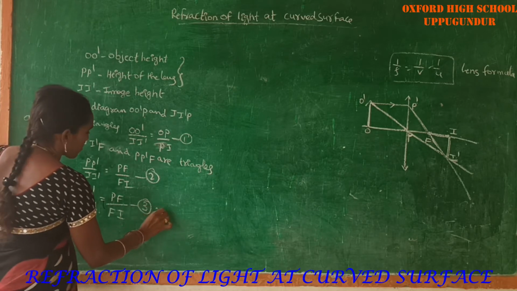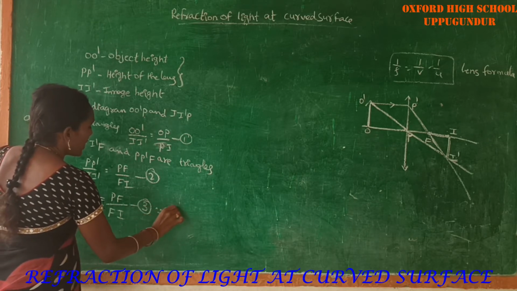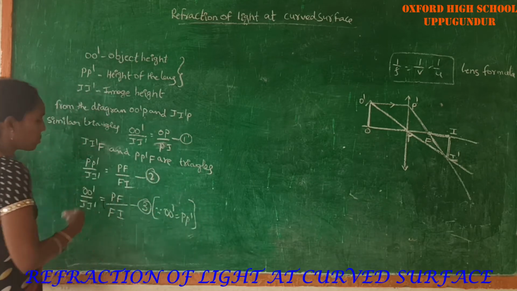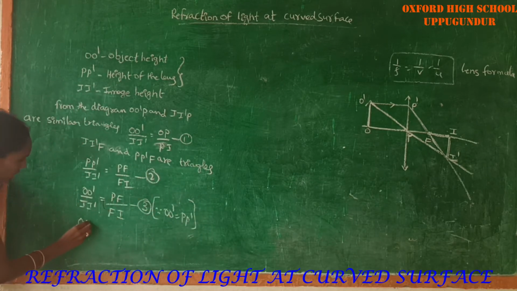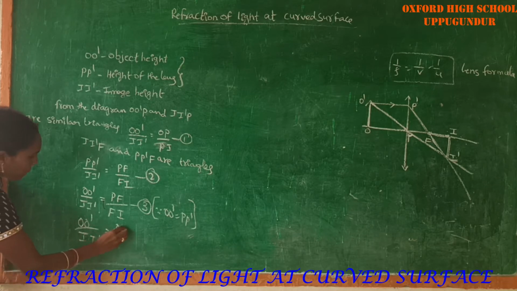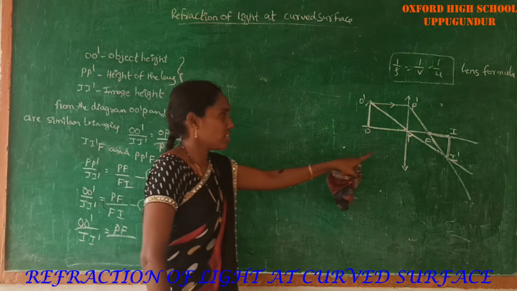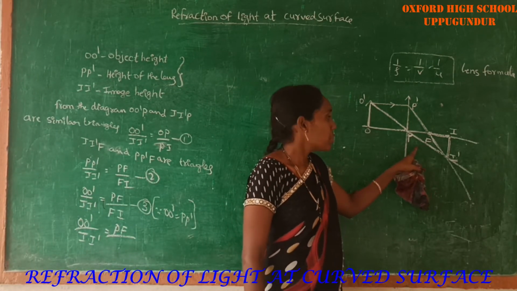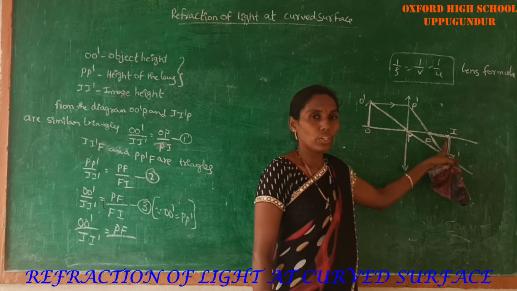Here, since O dash is equal to PP dash, this one should be written as O dash by I dash is equal to PF by FI. The distance from pole to focus is the focal length, and this value is known. But the distance from F to I we don't know.